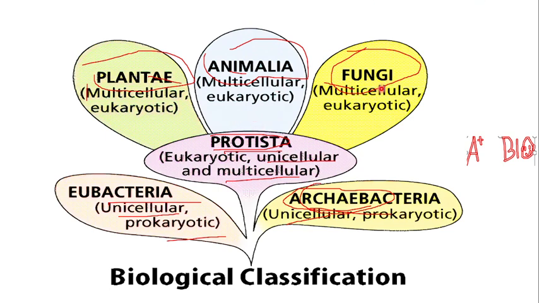Once they ask you to differentiate, can you differentiate fungi from bacteria? Yes, I can. Fungi are multicellular and eukaryotic, while bacteria are unicellular and prokaryotic. But now the problem: when they ask you to distinguish between plant and fungi, what will you do? You have to continue, because the characteristics do not end here.